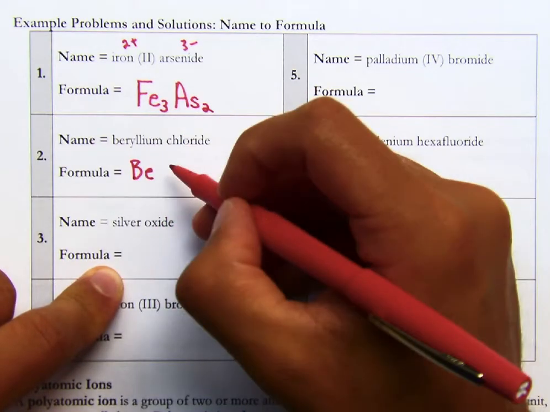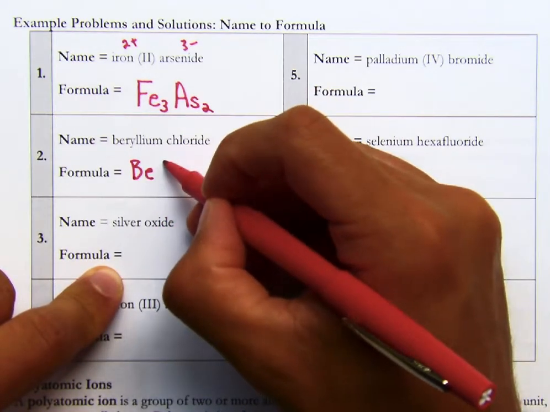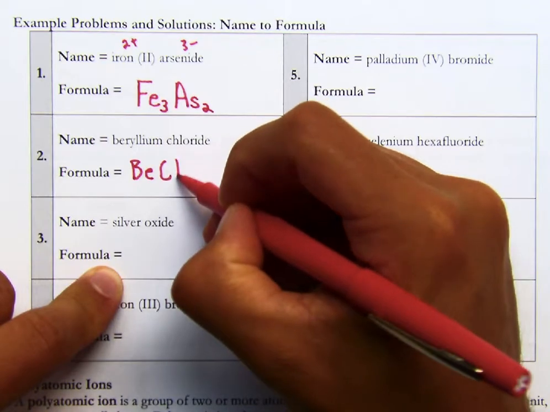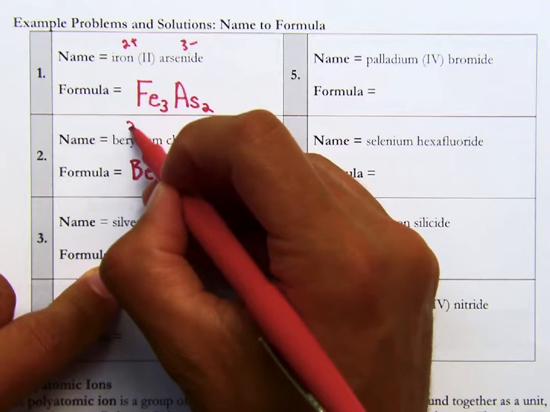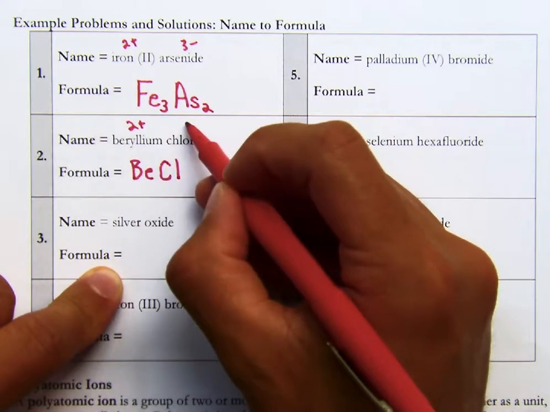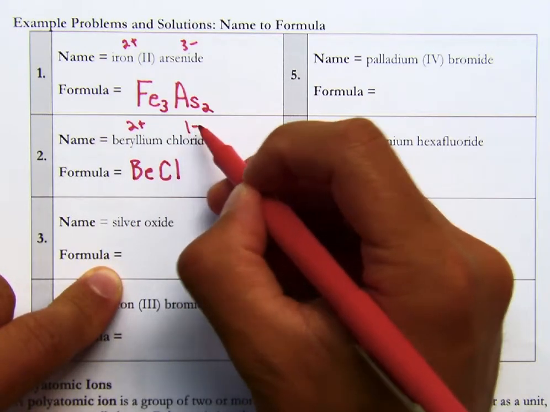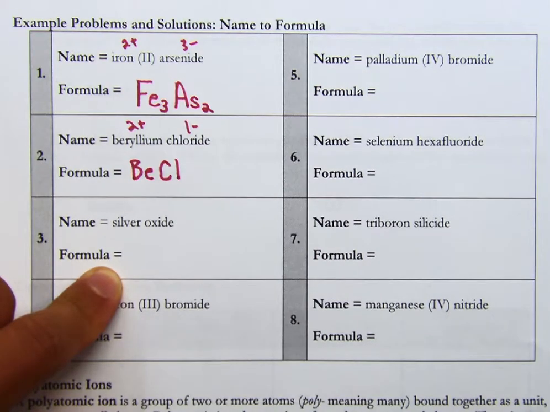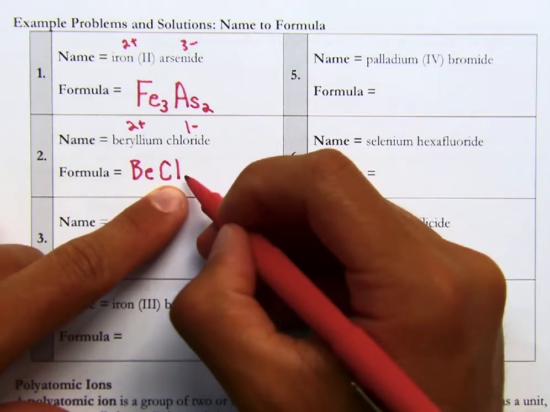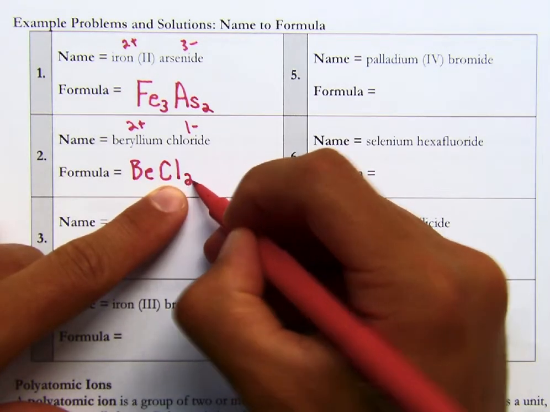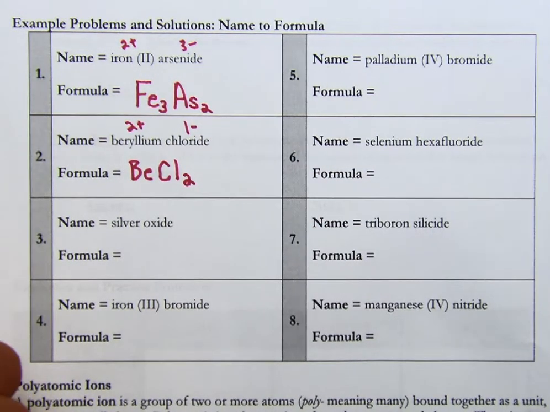That's an E. And then chlorine is Cl. Now, beryllium has a +2 charge. Chlorine has a -1 charge. So that's not a neutral compound. If this is +2 and this is -1, you need to have 2 of these to form a neutral compound. That's beryllium chloride.